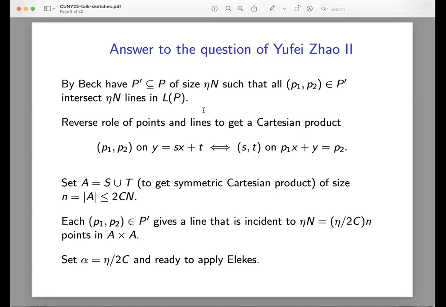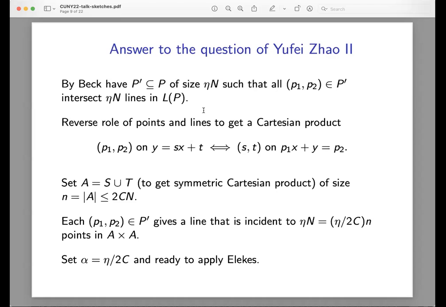Because I have assumed that both S and T are small compared to capital N, I can also assume that the size of A, which I denote by little n, is bounded above by 2 times C times the size of the original point set.